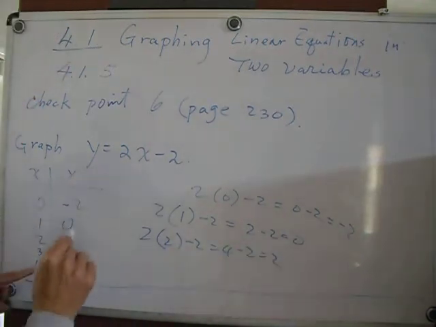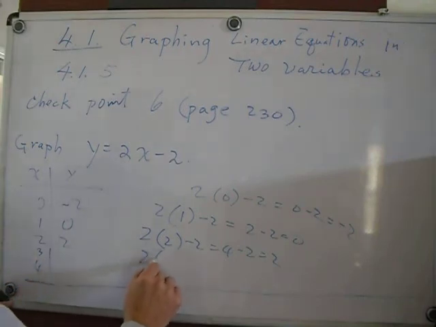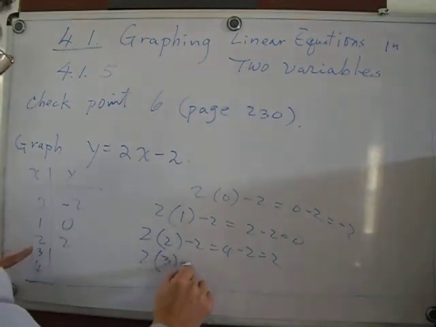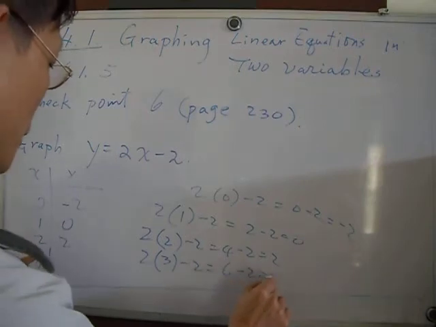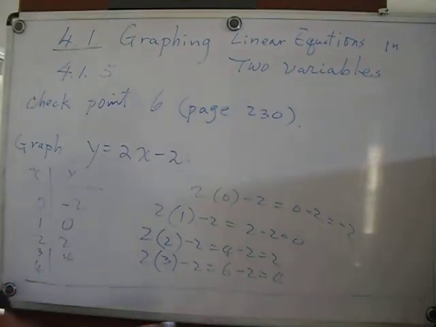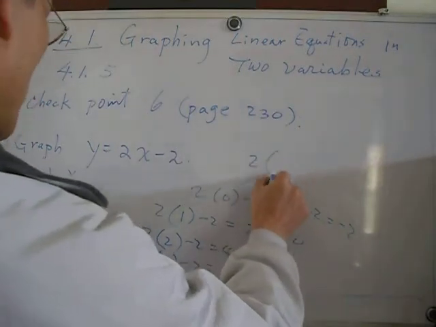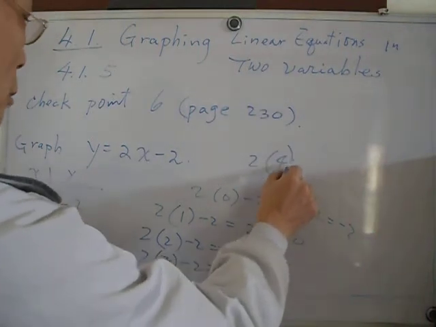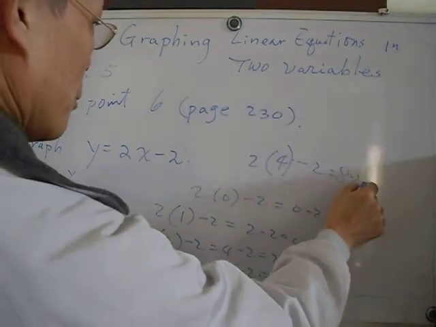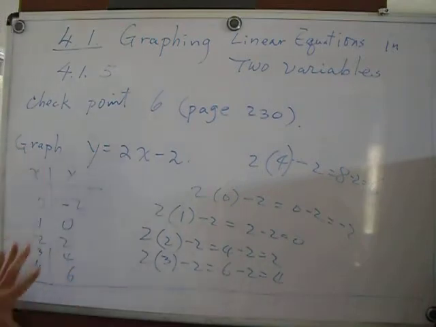Next one, 2 times 3 minus 2 is 6 minus 2, which is 4. And next one, 2 times 4 minus 2, it's 8 minus 2, which is 6. So 4, 5 or 6 points is quite enough to graph a line.